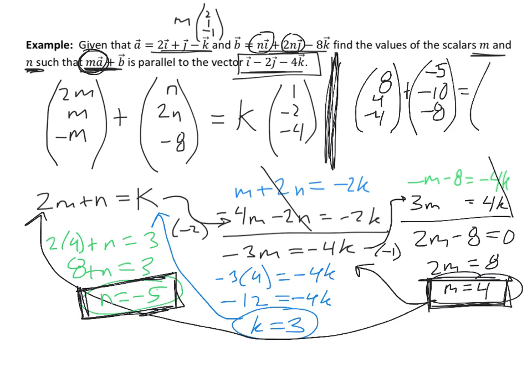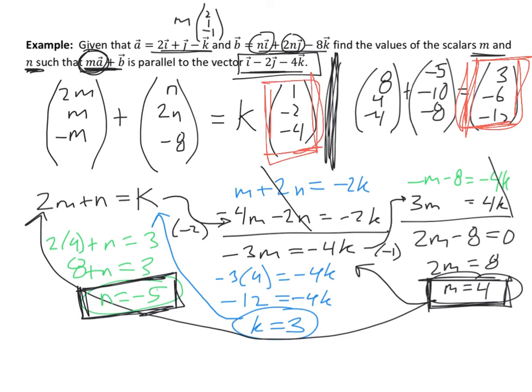When I add those two things together, I'm going to get 3, negative 6, negative 12. We were supposed to show that this thing was parallel to this vector, 1, 2, negative 2, negative 4. And we can see it really clearly. The connection here is that it's 3 times longer. You can really plainly see that if you multiply this vector by 3, you're going to get that.